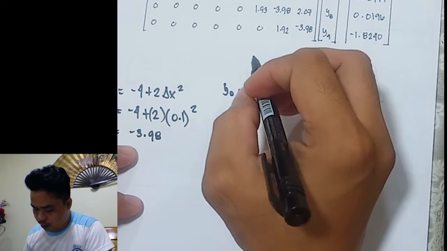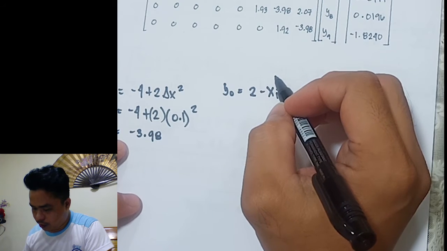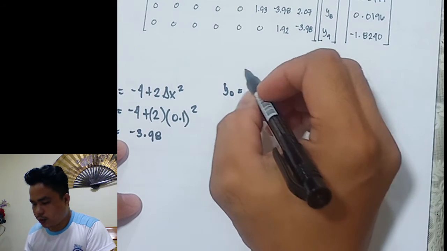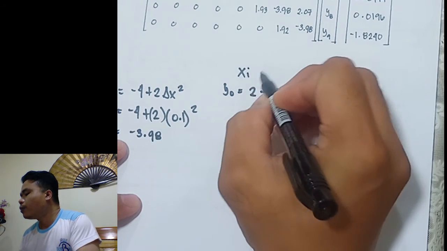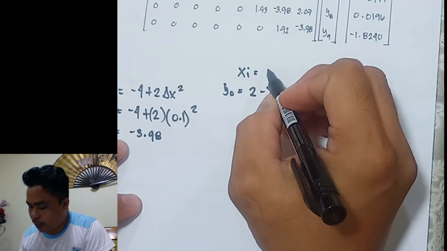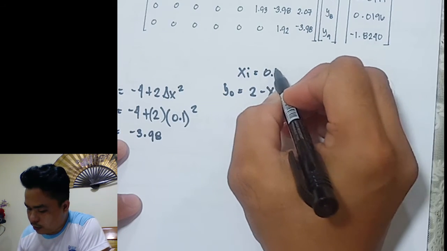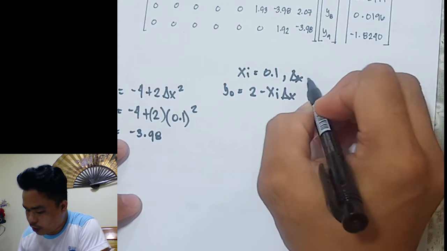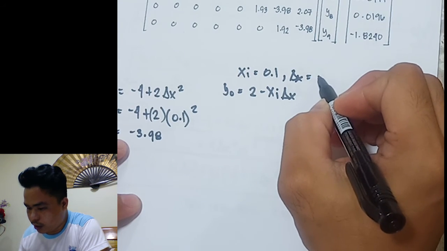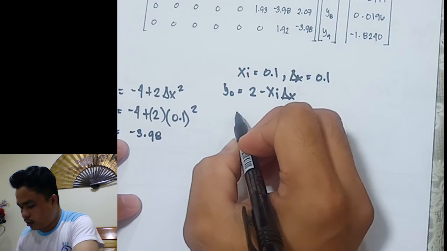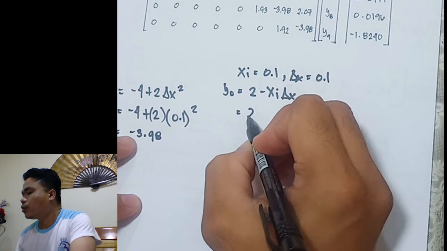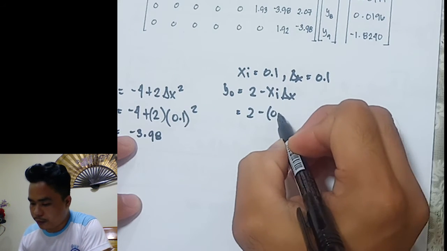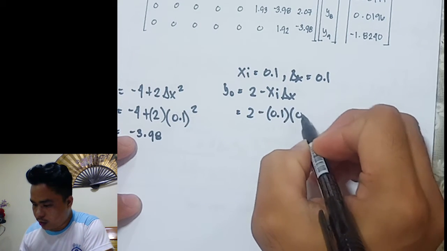For the value of xi equal to 0.1 and delta x equal to 0.1, we substitute.